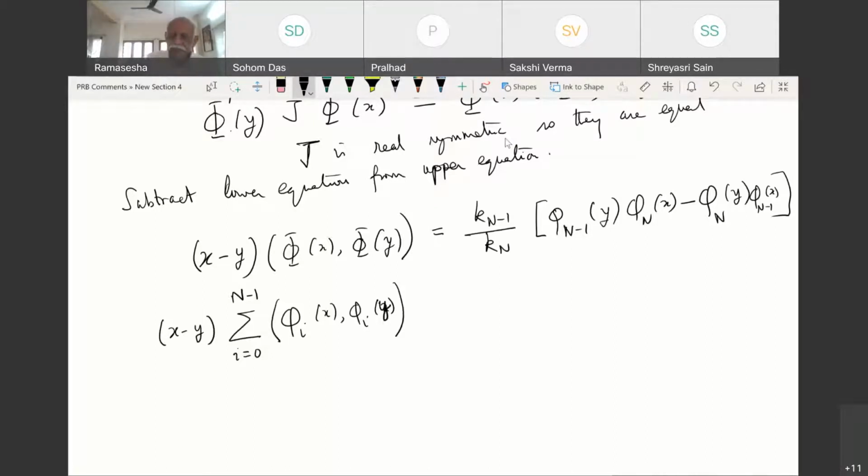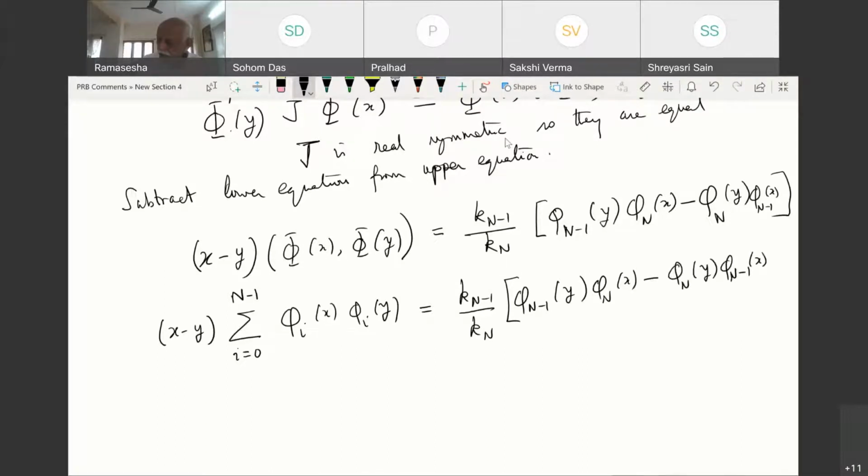So when I take the inner product, it's nothing but the product of it. This is equal to k_{n-1} upon k_n times Pn x minus half Py times P_{n-1} x.